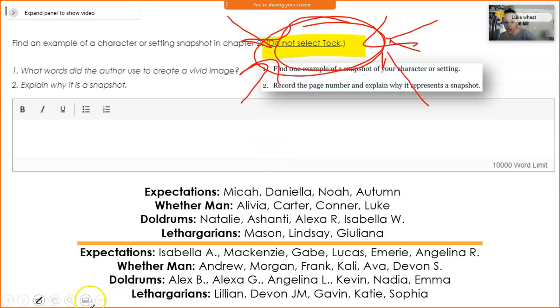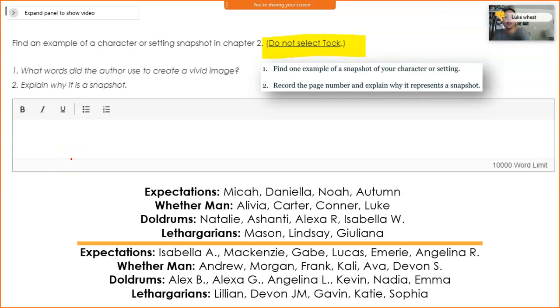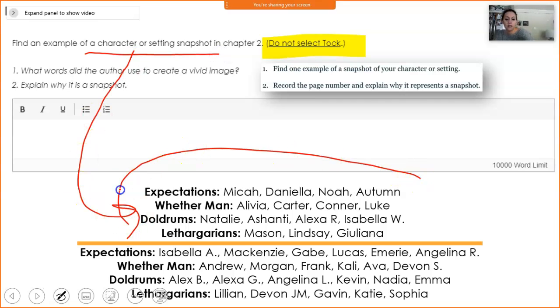Okay, so your job for this is, let me erase all the ink in here. Find an example of a character or setting snapshot. This is specific. Look right here. You are already assigned a character or setting snapshot. What words did the author use to create a vivid image, and explain why it's a snapshot?